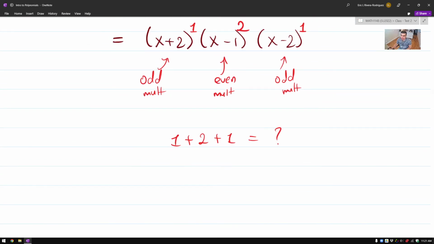what is the sum of these 3 numbers? Tell me the sum of these 3 numbers. Okay, class, I need at least you to write in the chat, what is the sum of 1 plus 2 plus 1?